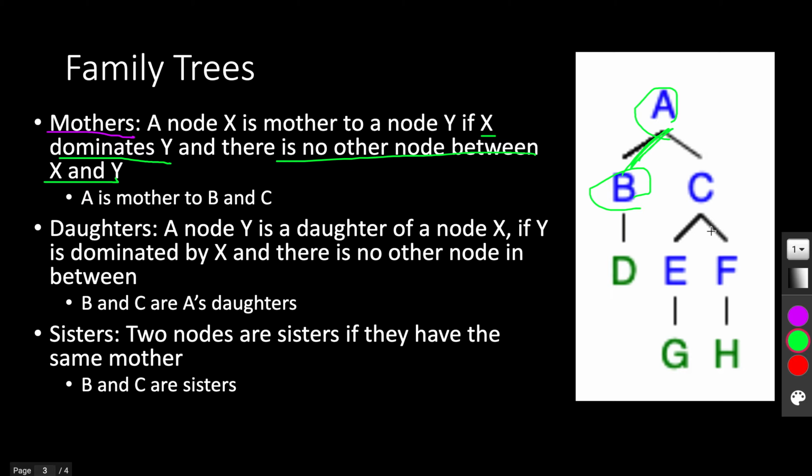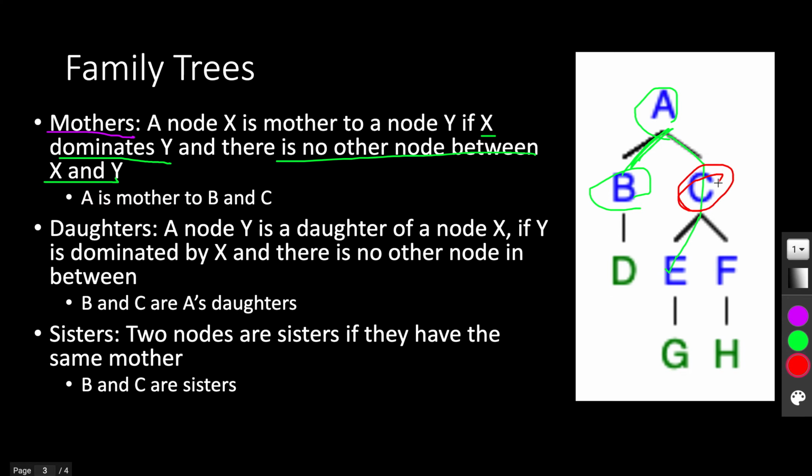But now, if we want to know whether A is going to be E's mother, it is true that A dominates E, right? We can draw a line straight down from A to E, and A is above E on the tree in terms of structure. But there's this other node C, right?